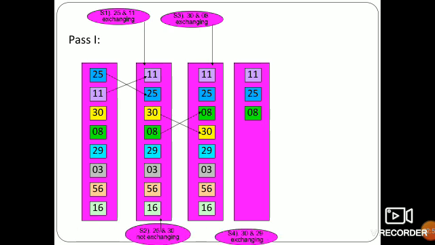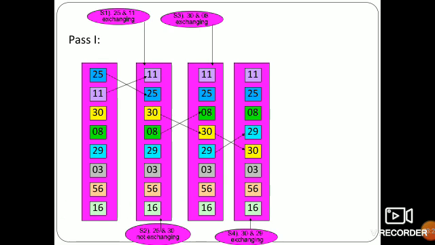Now 30 and 29. So 29 is smaller than 30. So now again interchange 30 and 29. Okay, then 3, 56 and 16.